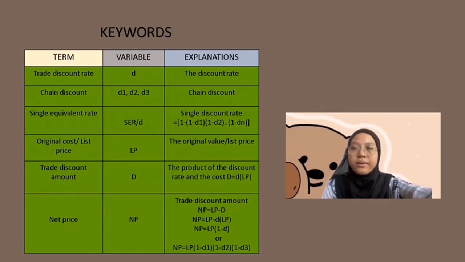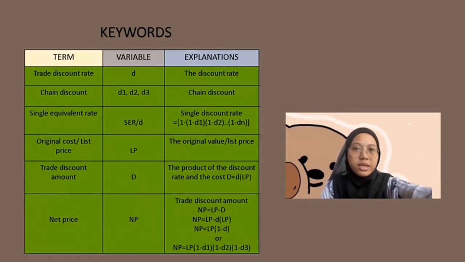And then we have the trade discount amount. The symbol is D and the meaning is the product of the discount rate and the cost. D equals d times LP. And the next is net price. The symbol is NP and the meaning is the price after the trade discount amount.